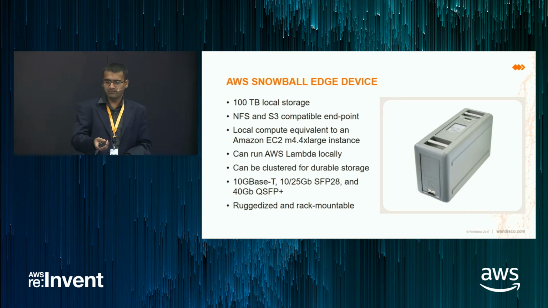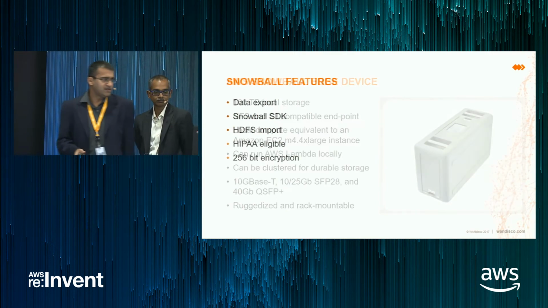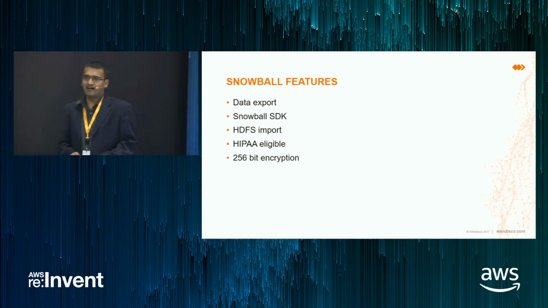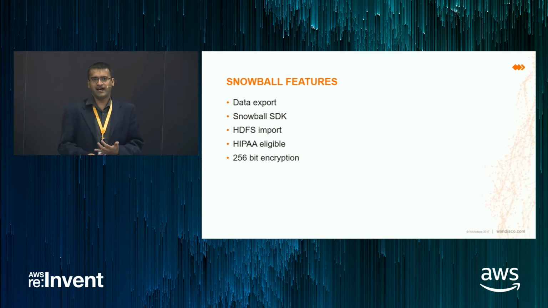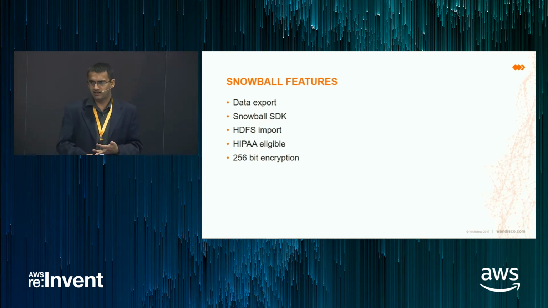The compute chip can run AWS Lambda, and this device can also be clustered across many nodes for durable storage. Some other features that Snowball devices have is you can do both import and export of data out of AWS. We have an SDK which you can integrate with for ordering better with your pipelines, to make it automated. You can import HDFS data.